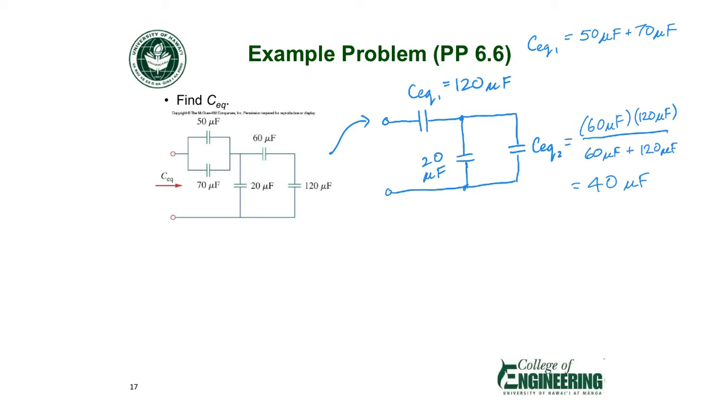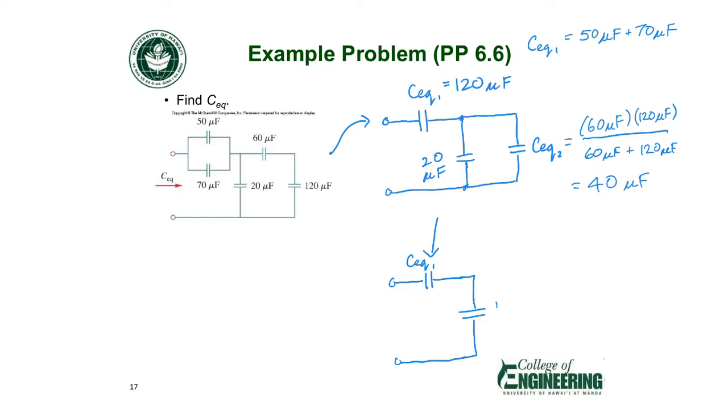Everyone okay with these steps so far? Any questions on this? Okay. Then let's simplify some more. Leave CEQ1 alone for now. And then let's combine the 20 microfarad in parallel with CEQ2.